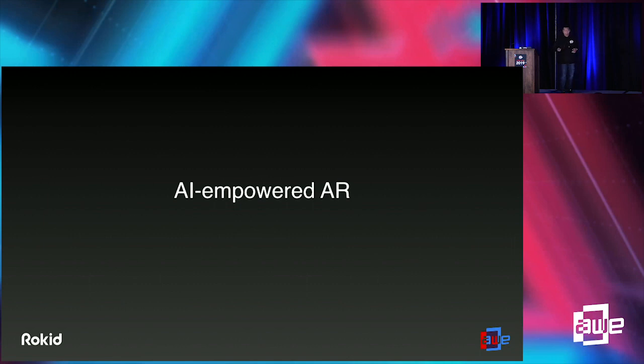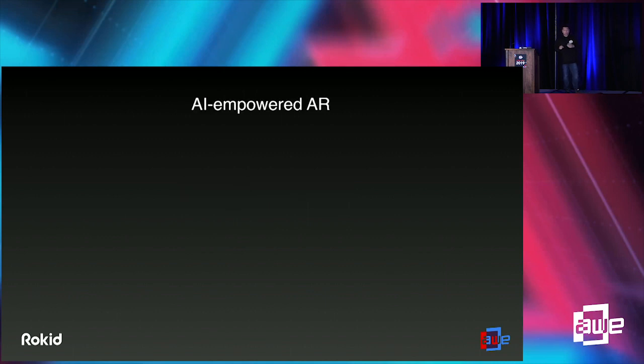Now I'm talking about what AI can do for AR glasses in real-world scenarios, like those I mentioned in the previous session. In this part I'll talk about the AI-empowered AR solution.